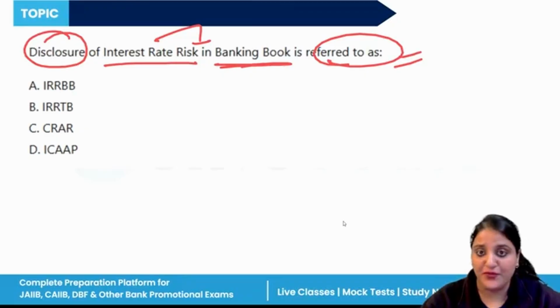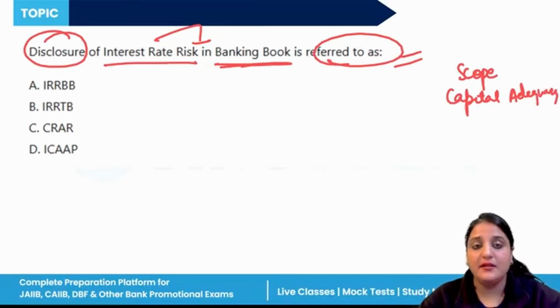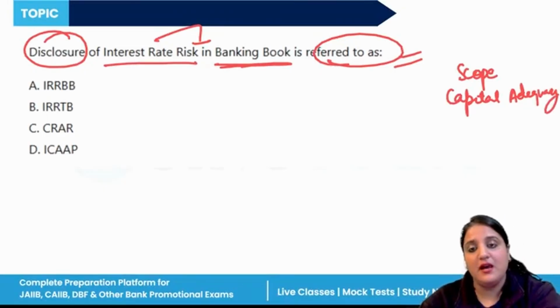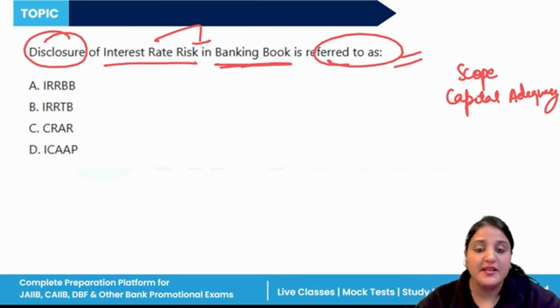And these types of disclosures always ensure transparency, right? That means we can include scope, capital adequacy, the credit risk approach, how to mitigate credit risk, operational risk, interest rate risk in the banking book, counterparty credit risk. These types of disclosures must be there.